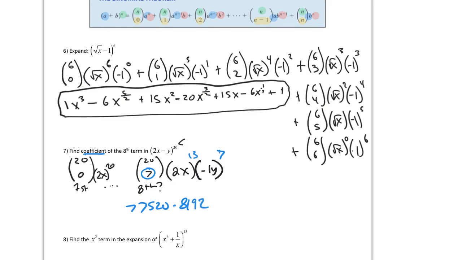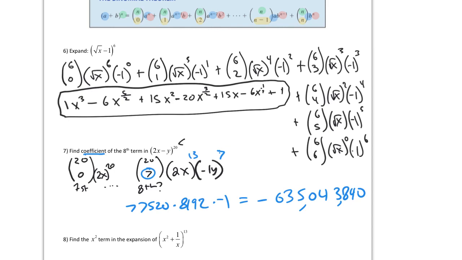And yes, we would get x to the 13th, but all I care about right now is the coefficient. Negative 1 to the 7th is going to be negative 1. So my coefficient here is going to be negative 635,043,840. There you go. If we were to expand that all out, that would be the coefficient of the 8th term.